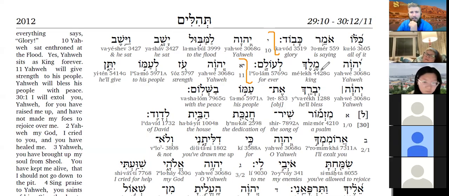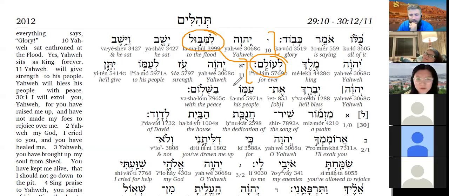Vayeshev Adonai melech leolam, especially if those two are parallel. And he did sit as king over the universe or the world or forever. Oh, lamabul, is that pointing backwards in time? And then leolam points forward in time. So those are parallel. Got it. That's much better. That is good. Okay, I love it.